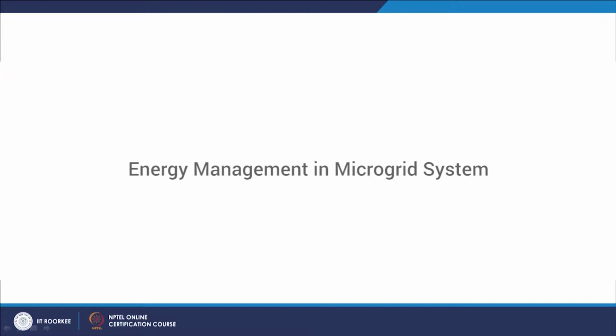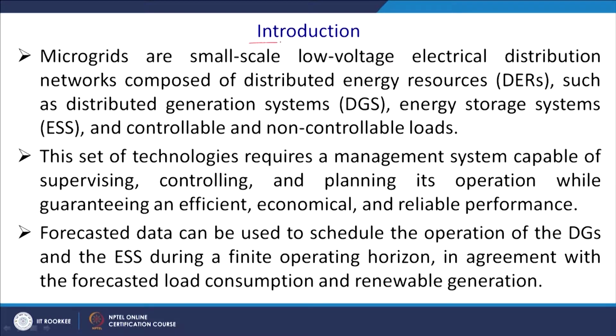Now, let us talk about another issue. Microgrids are small scale low voltage electrical distribution networks composed of distributed energy sources that we have mentioned several times, such as distributed generation systems, energy storage systems and controllable and non controllable loads.